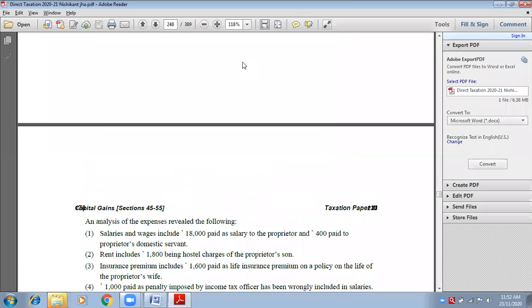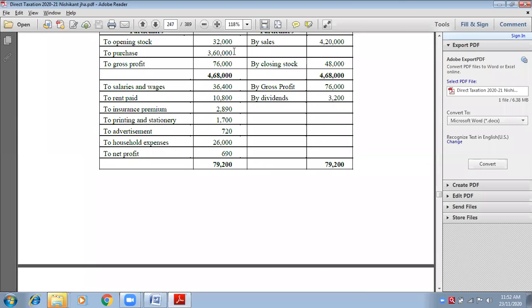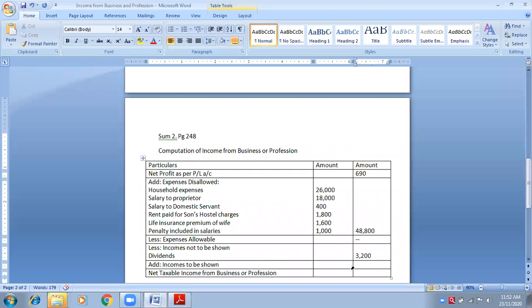Therefore, no income has been kept hidden. No income was forgotten. Therefore, nothing has to be written here, no amount will be shown here. Therefore, nil.